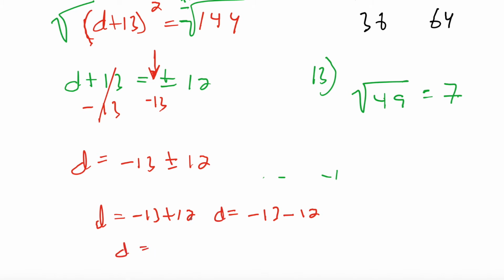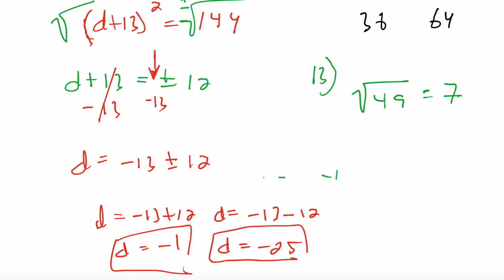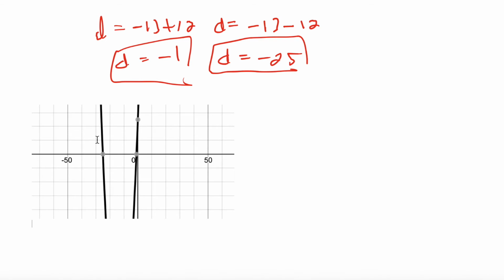That's negative 1, and negative 25. There are the x-intercepts: negative 25 and negative 1.